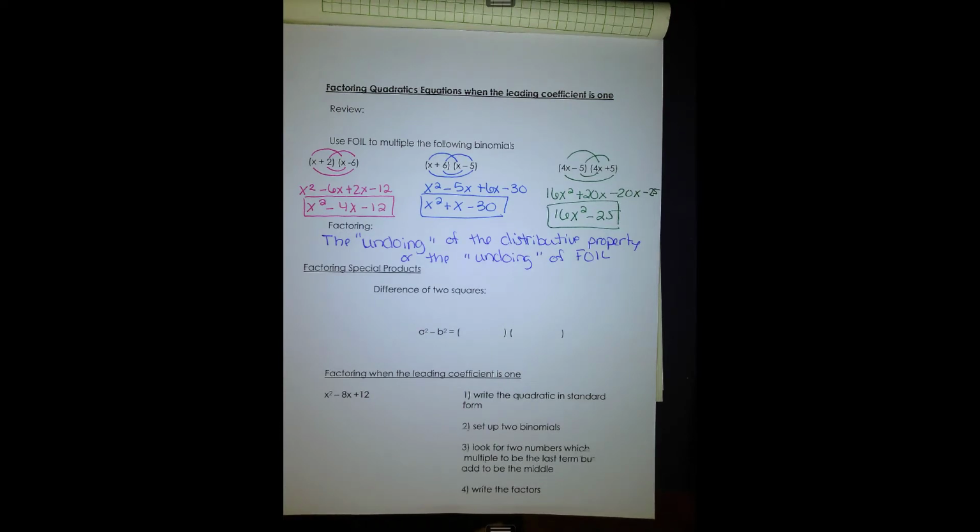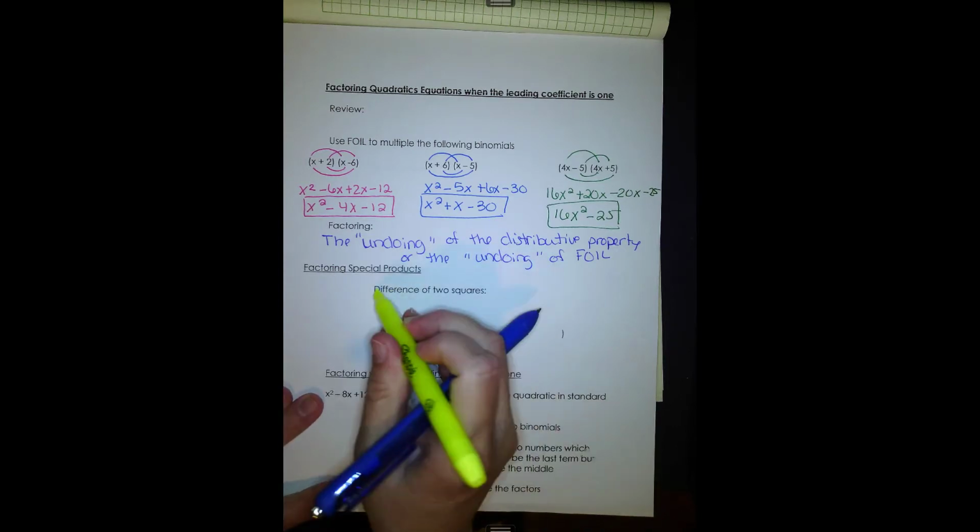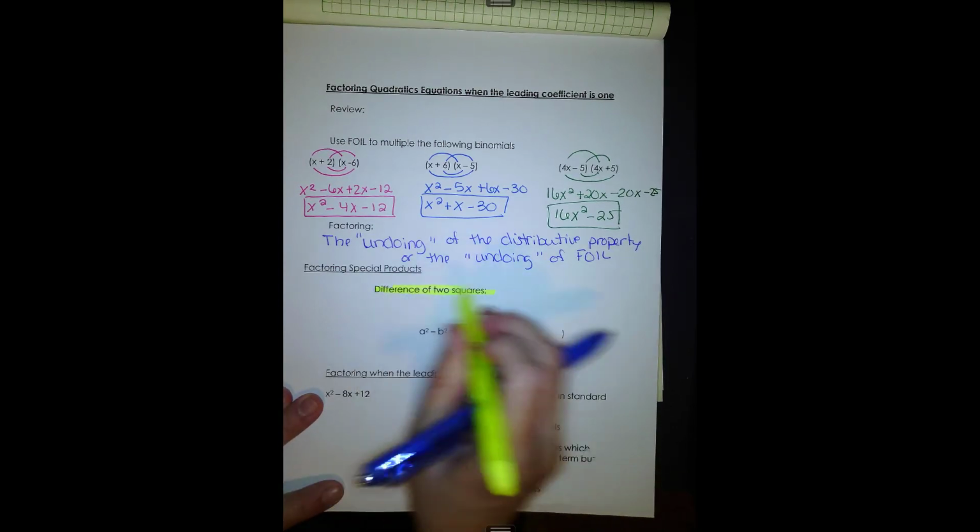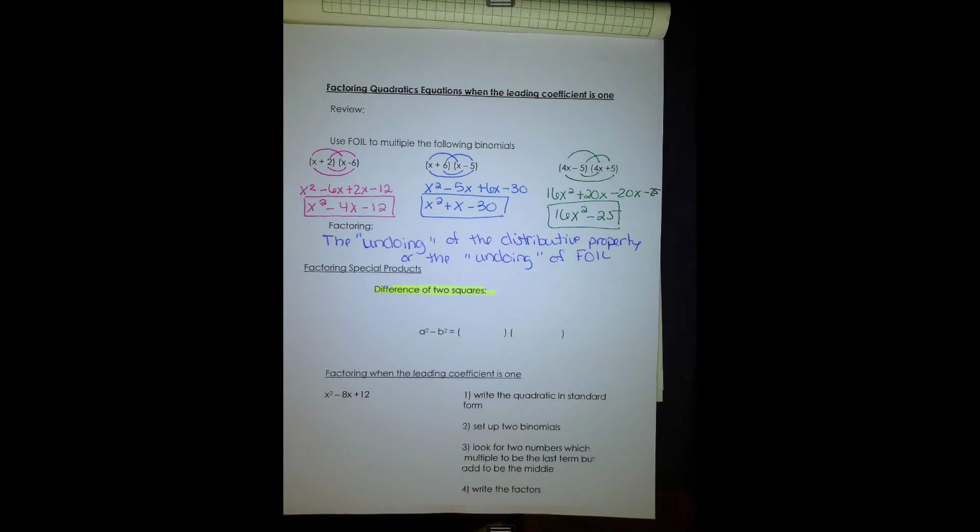So the first type of factoring we're going to look at is factoring our special product, and that happens to be the difference of two squares. If we recall, difference means subtraction, and two squares means that both of our terms have to be perfect squares.